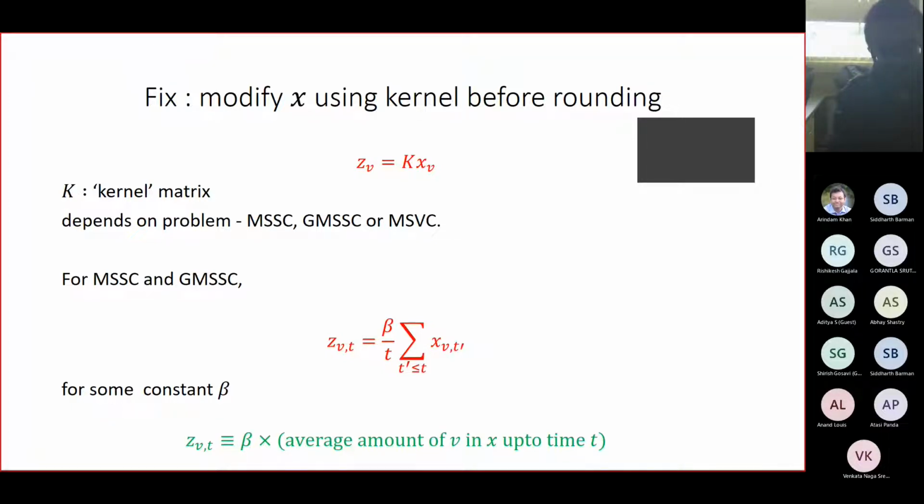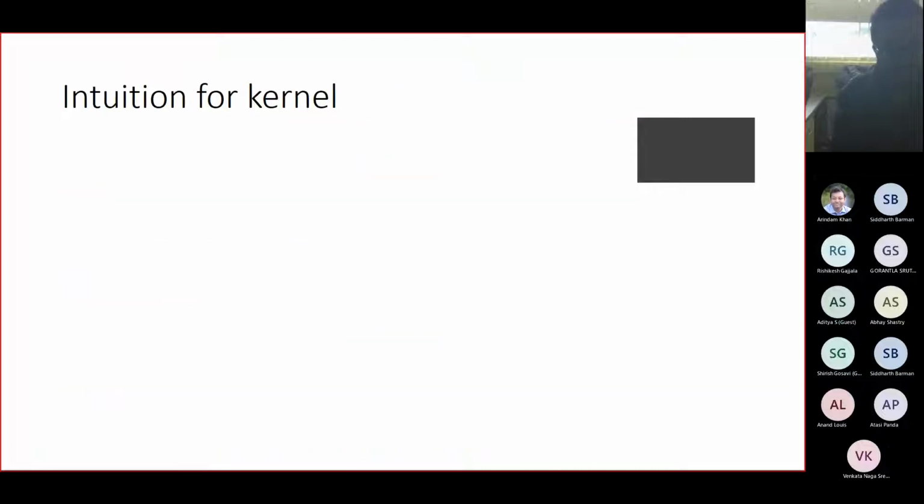Okay, so now let's talk a little bit about this kernel. So first thing to realize is that suppose some LP solution schedules some vertex V to some tiny extent epsilon. Remember that in our example, epsilon was half, so scheduling the vertices to extent half. Epsilon can now be any very small extent, maybe 0.01.